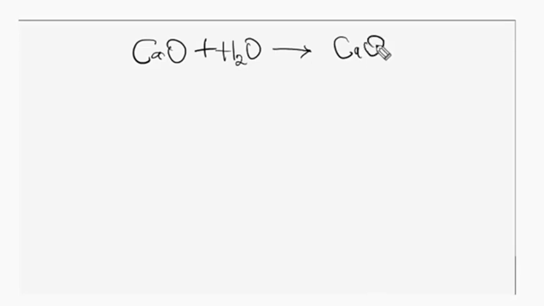So guys, this is calcium oxide, and when you add water to it, the product of this reaction will be calcium hydroxide. So guys, that's the answer to this question.